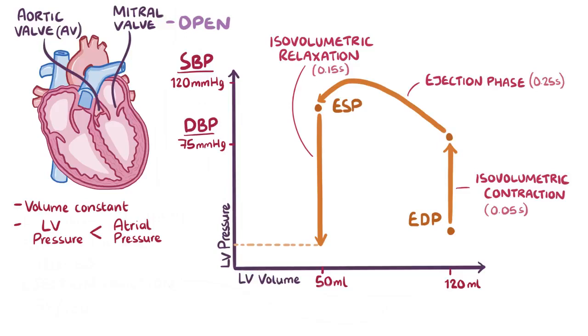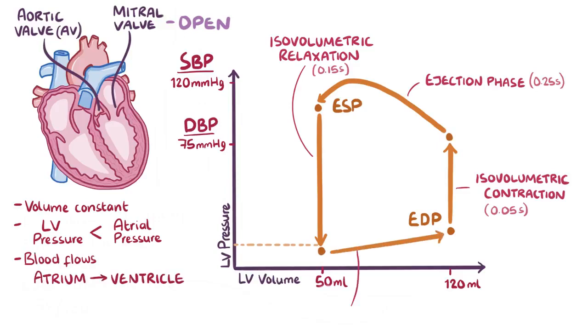Due to the pressure gradient, blood from the atrium flows into the ventricle, at the beginning passively and at the end with an extra push due to the atrial contraction. As the left ventricle fills with blood, its volume comes back up to 120 millilitres, or its end diastolic volume, while its pressure increases only slightly.